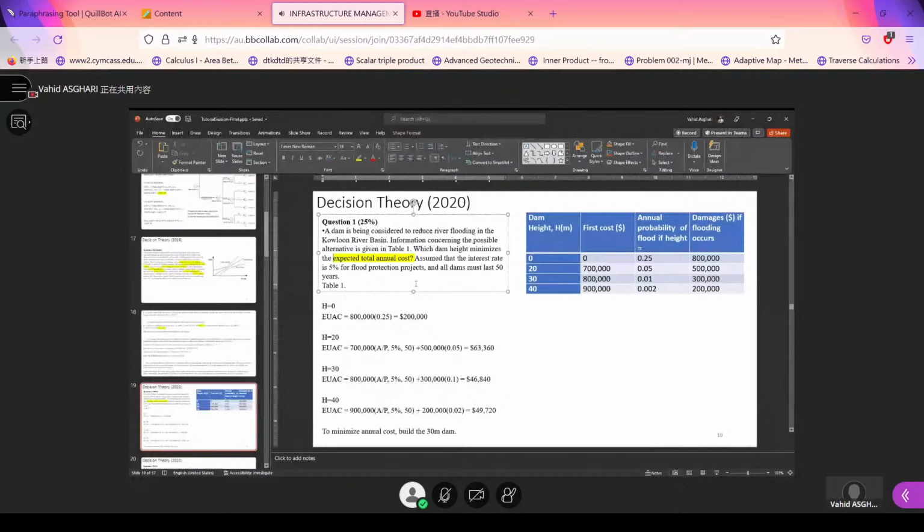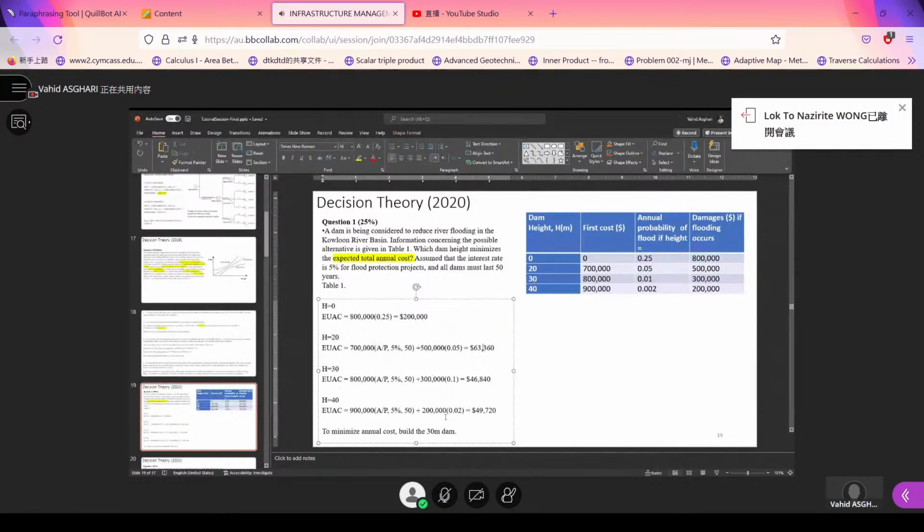And then you need to find the formula of finding the annual cost based on present or future values. You have the interest rate, you have the periods, nothing really serious here. You will find all of these numbers, really simple calculations, and then say to minimize annual cost, build the 30-meter dam.